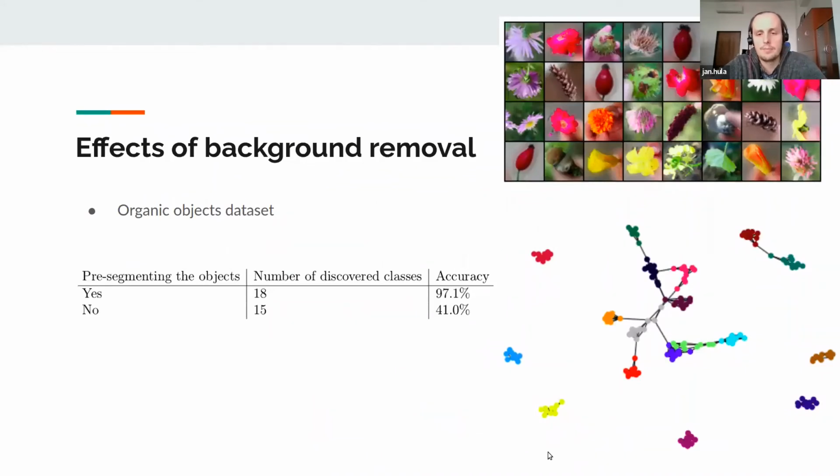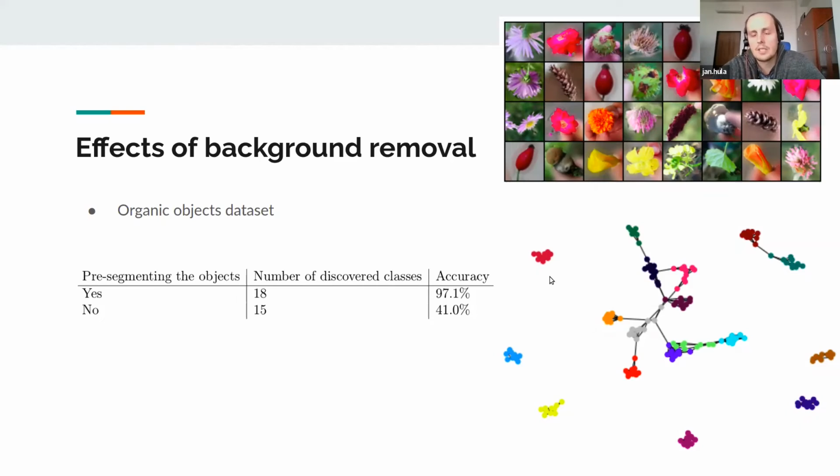So here, what we did, for the clustering, we created a similarity graph of the resulting vectors, and then on this similarity graph, we used a community detection algorithm, which discovered these communities.